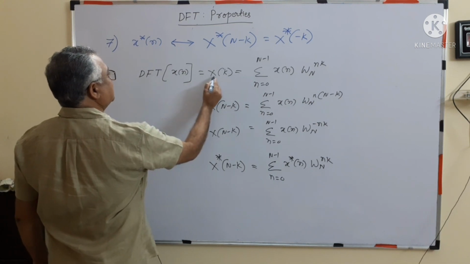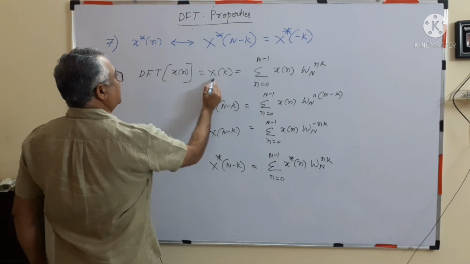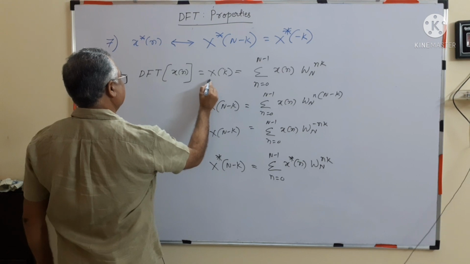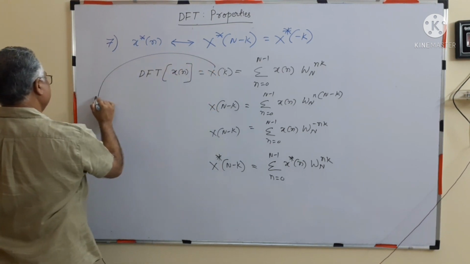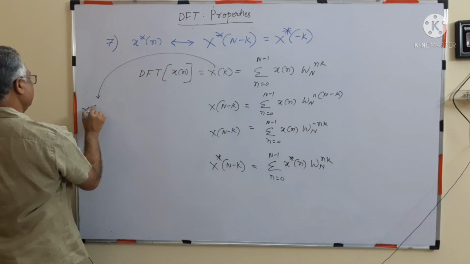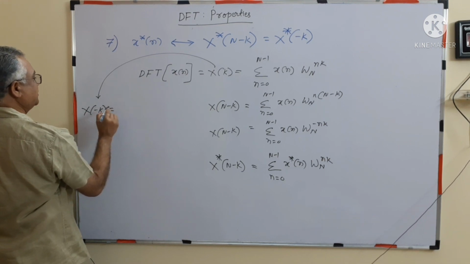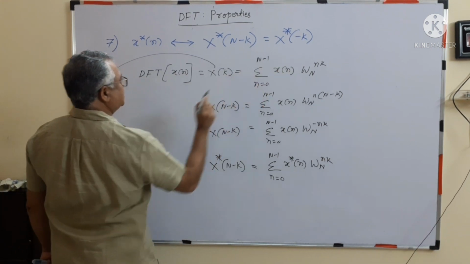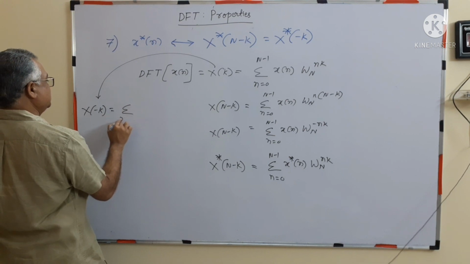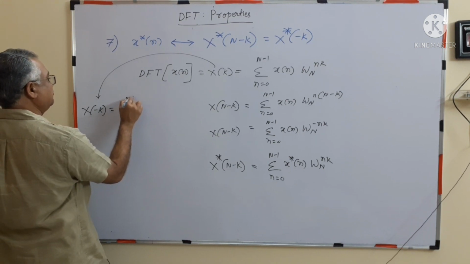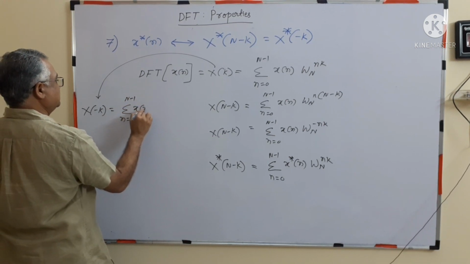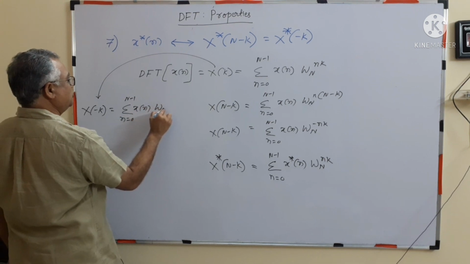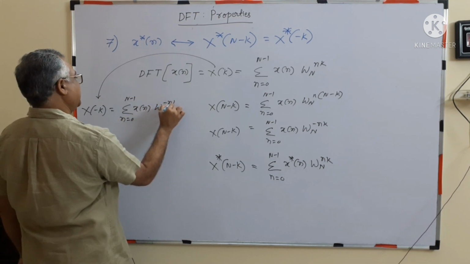Now let us take X of minus k. This I am rewriting: X of minus k. In place of k, write minus k. So sigma n equal to 0 to N minus 1 of x of n W_N^(minus nk).